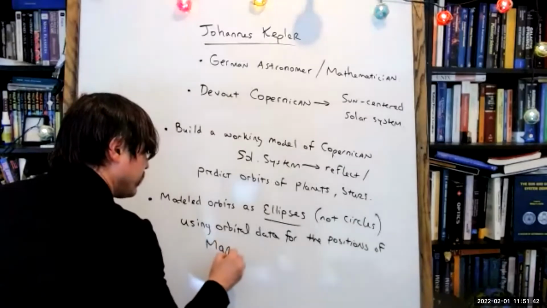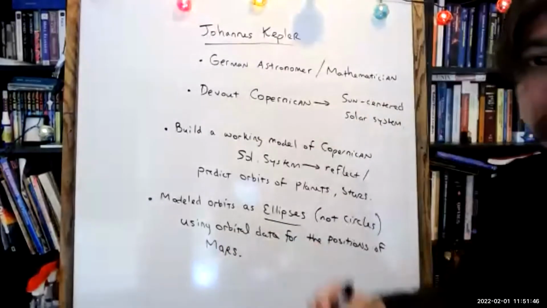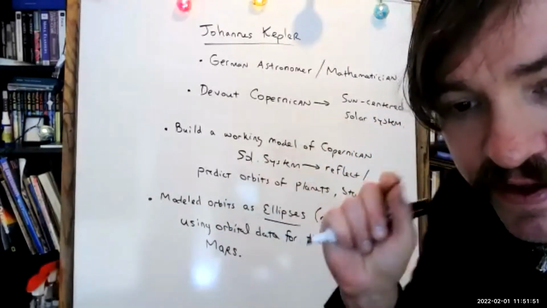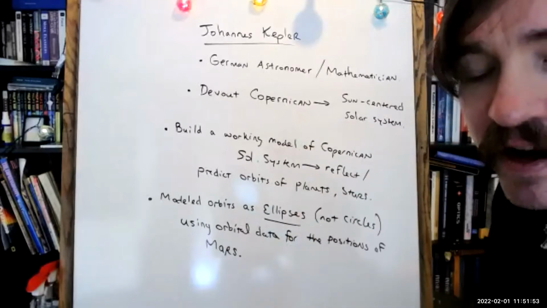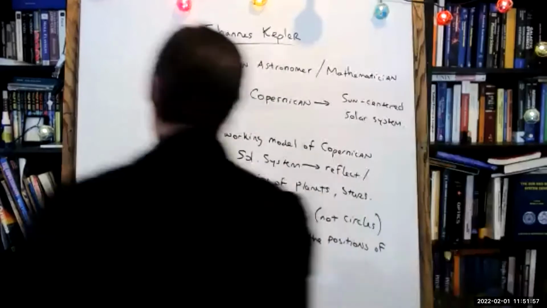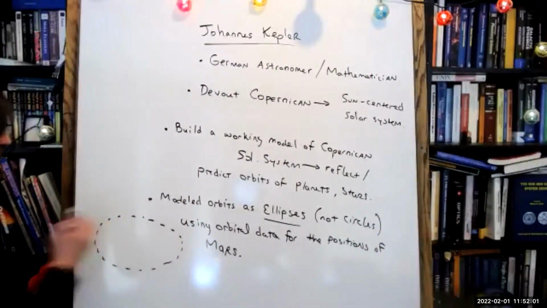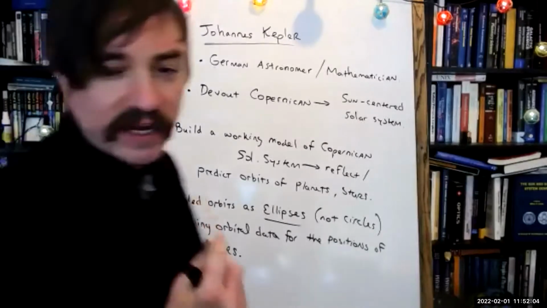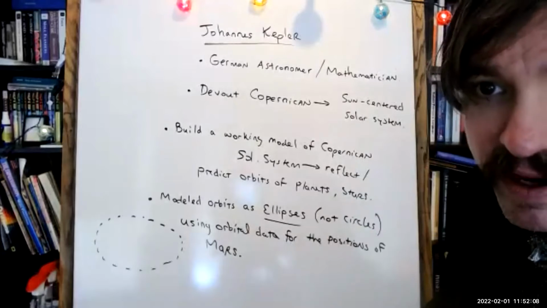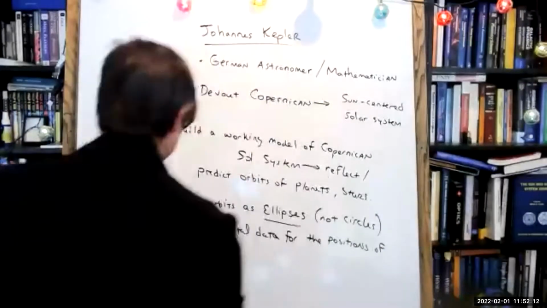In other words, Tycho Brahe, and probably himself, carefully recorded the positions of Mars down to a positional resolution of about 3 minutes of arc, which is the best that you can do with the human eye. And then using those positions of Mars, he modeled the shape as an ellipse and discovered that he could predict where Mars would be next, which gave him great assurance that he was on to something, okay?